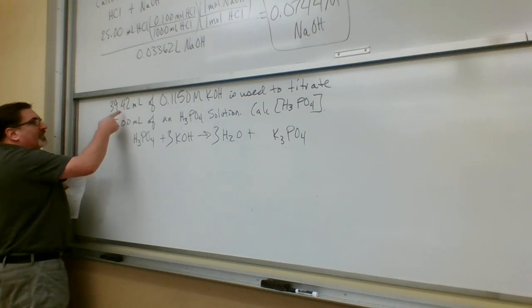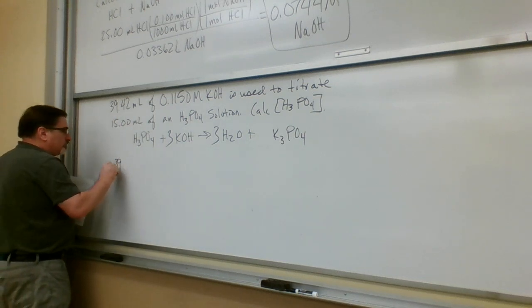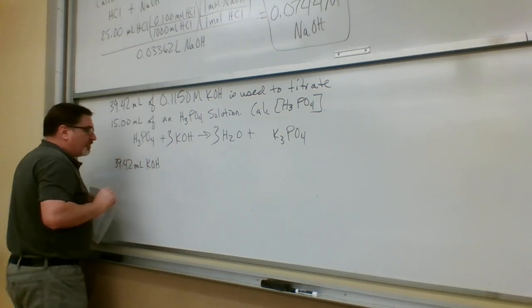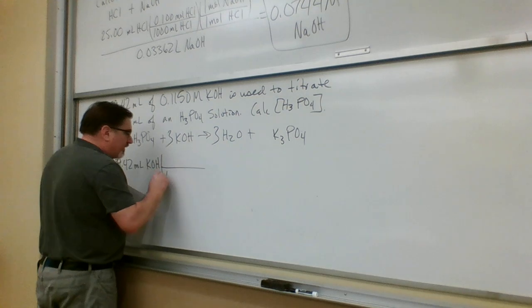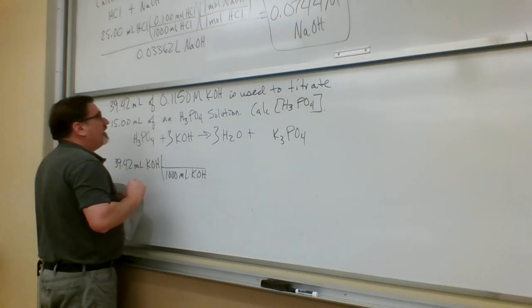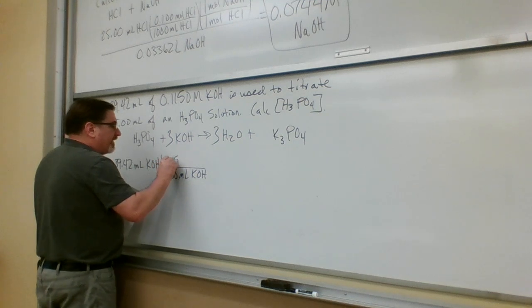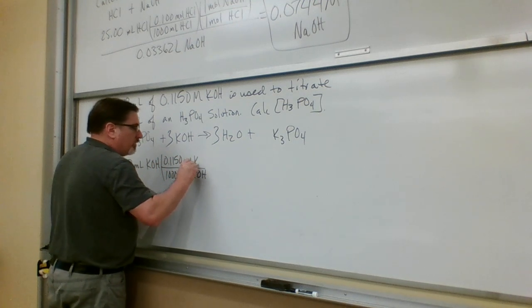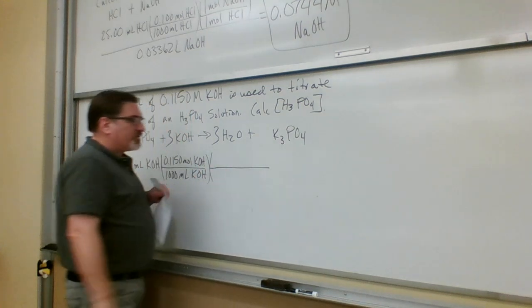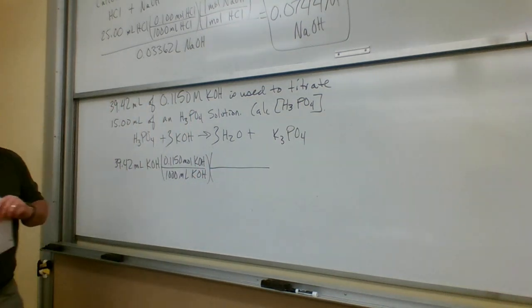So we're going to start with the KOH. 39.42 milliliters, and for every 1,000 milliliters of KOH, there was 0.1150 moles of KOH. Now the stoichiometry step here is not a one-to-one like it was in the easier example.